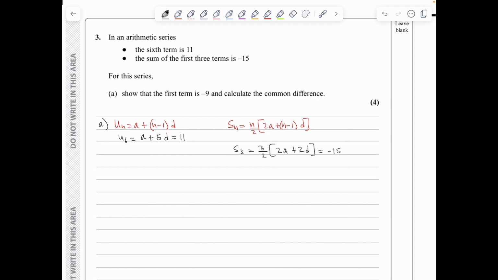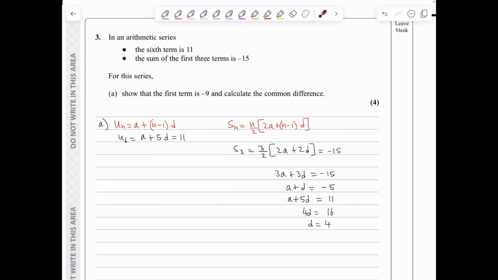I can expand this to get 3a plus 3d is negative 15, and therefore I can divide everything by 3 to get a plus d is negative 5. We already have established that a plus 5d is equal to 11, so I can subtract one from the other to eliminate a, leading to 4d is equal to 16, and therefore d is equal to 4, and I can proceed by substituting back to find the value of a.